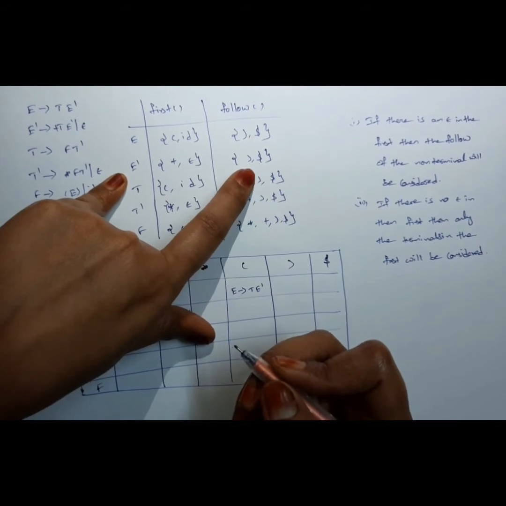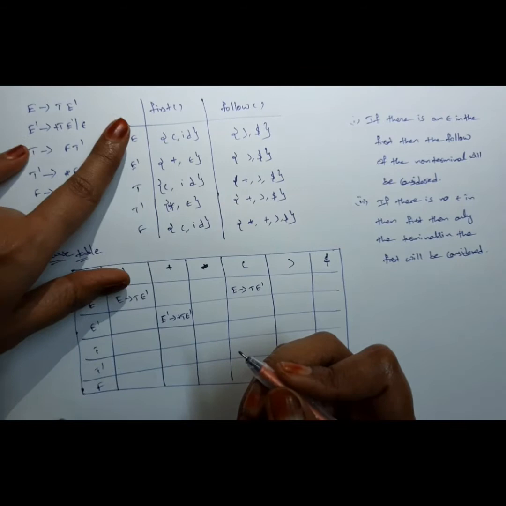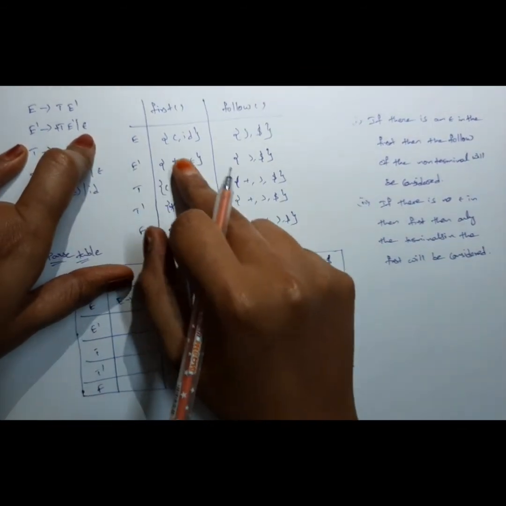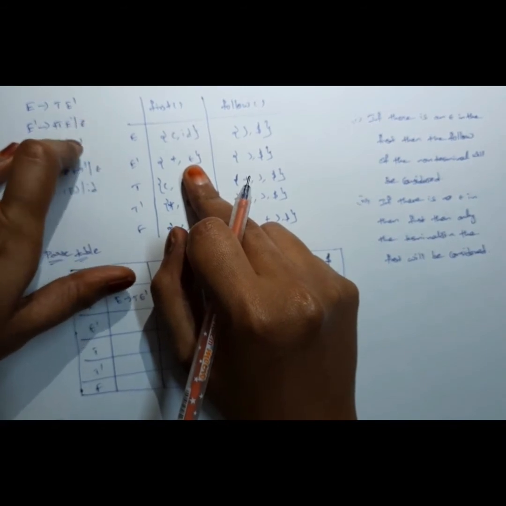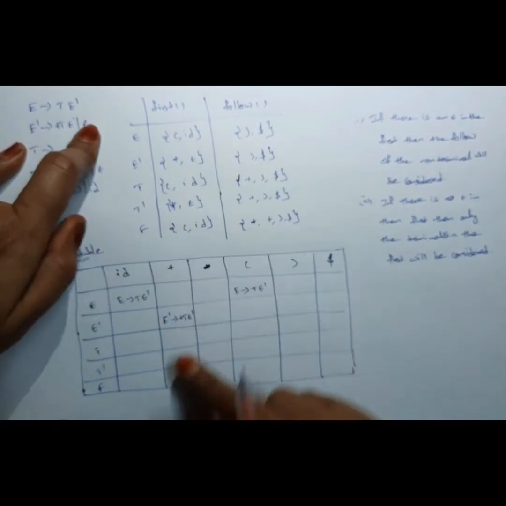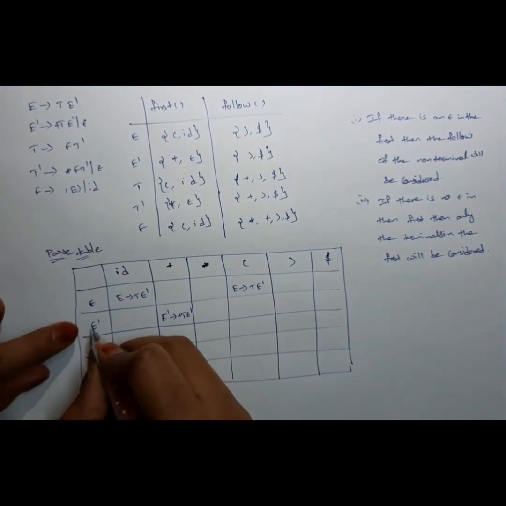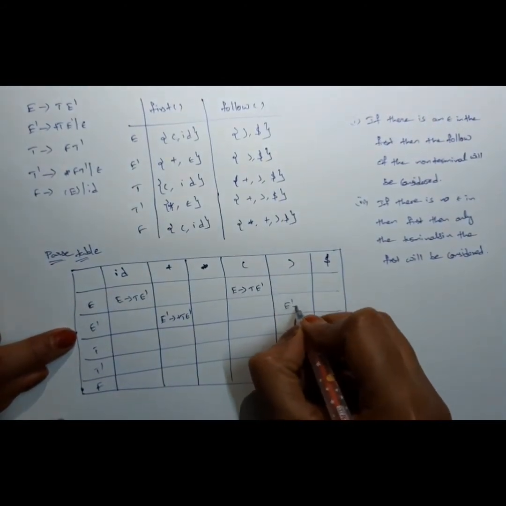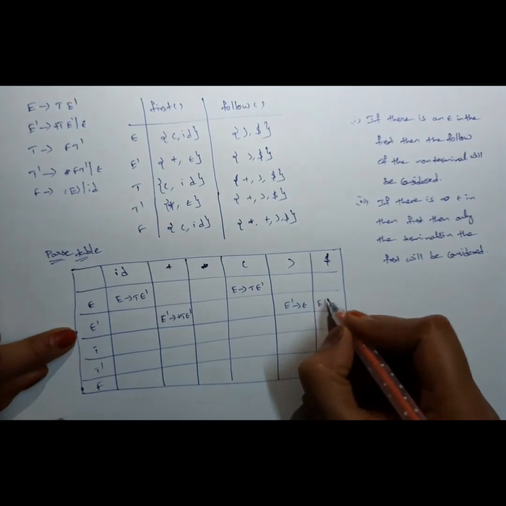At this position we will place the production E dash derives epsilon. As it is representing the place of epsilon, I will write the production E dash derives epsilon in this parse table: E dash derives epsilon in closed brace, E dash derives epsilon in dollar.